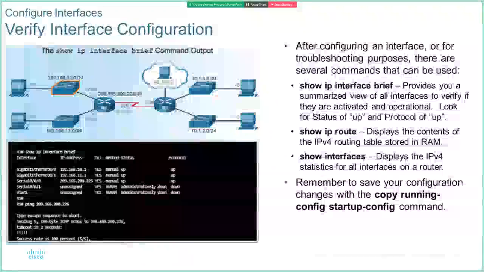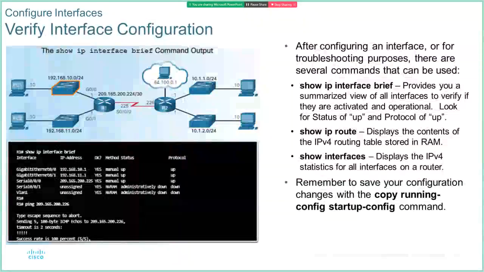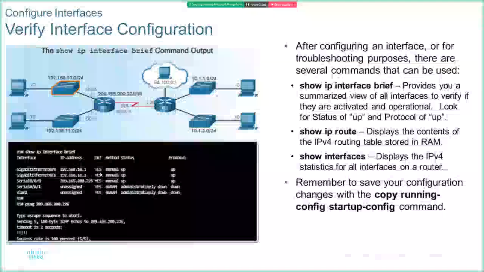Now, to verify the basic operating interfaces, show IP interface brief will give you a brief summary of all the IP-based interfaces on the device. So it will give you the interface name, the IP address that's been configured with it, and its status, whether it's running or not.